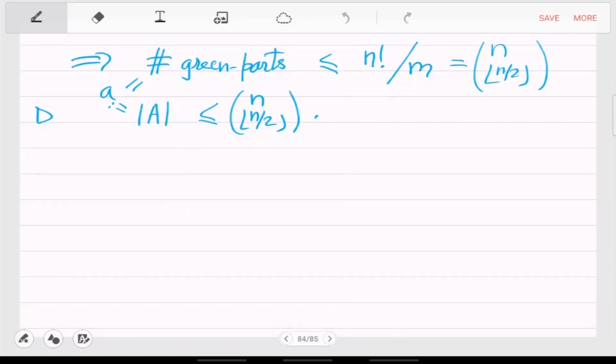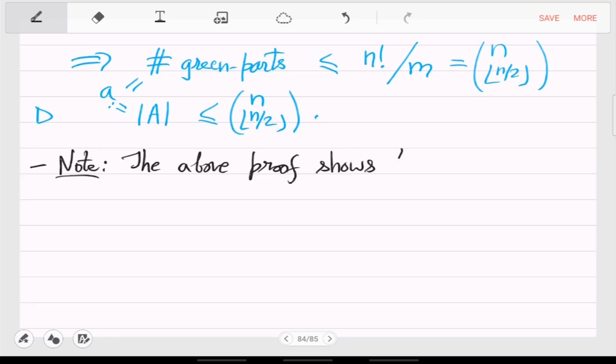So let us first note that the above proof shows, to now the question of maximizing the anti-chain, as she was saying.